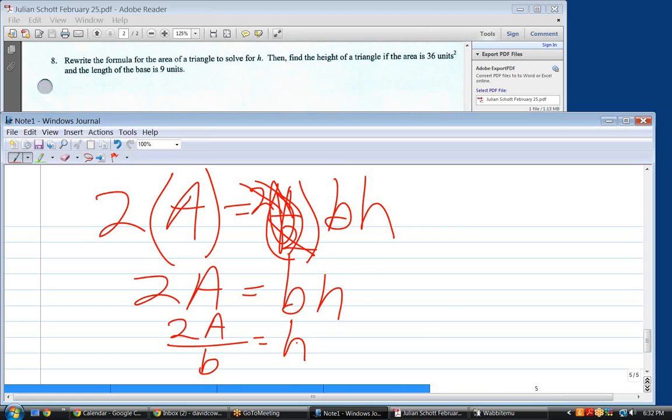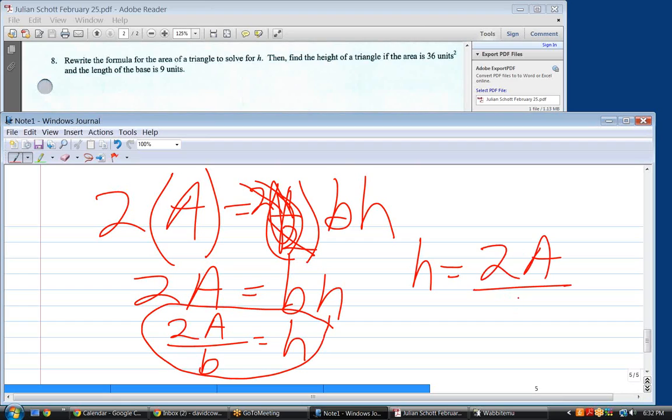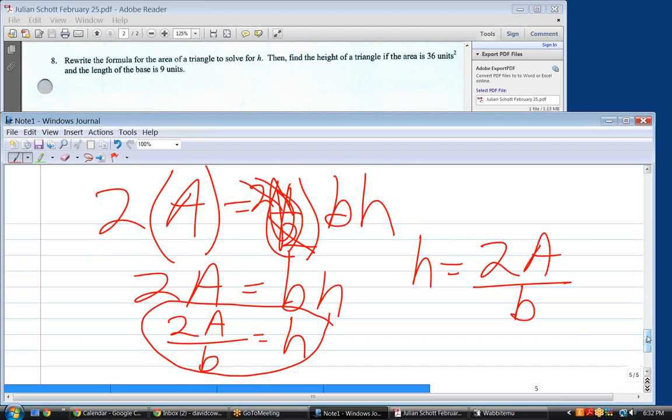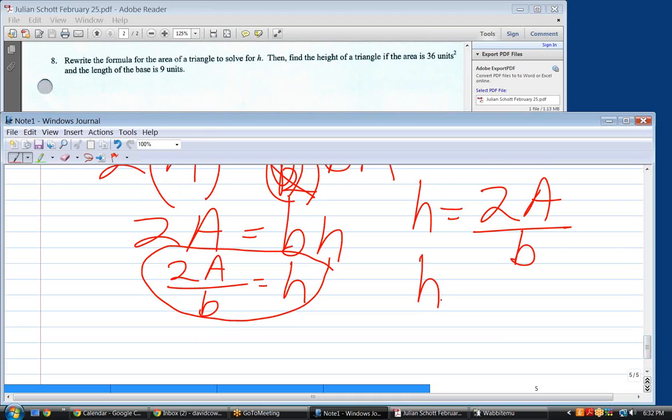Now start substituting numbers in. So the height is equal to what? The area is 36, so what should I write? 36 units squared. What happened to the 2? Here's our equation. So H is equal to 2A divided by B. Well, if we're substituting, we can't ignore that 2.